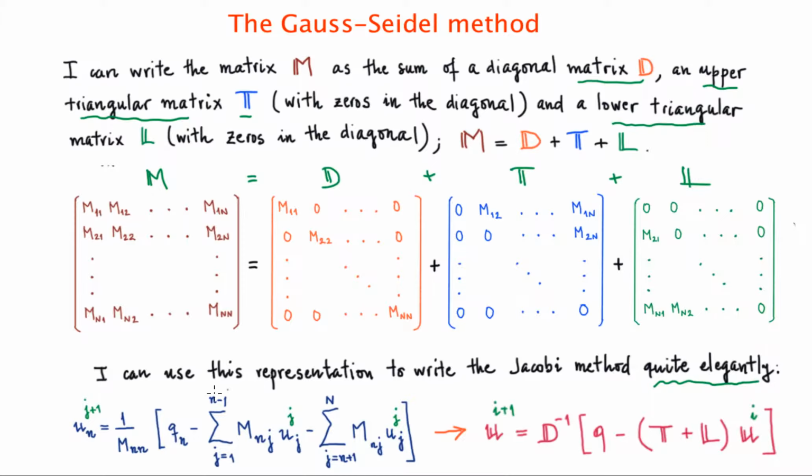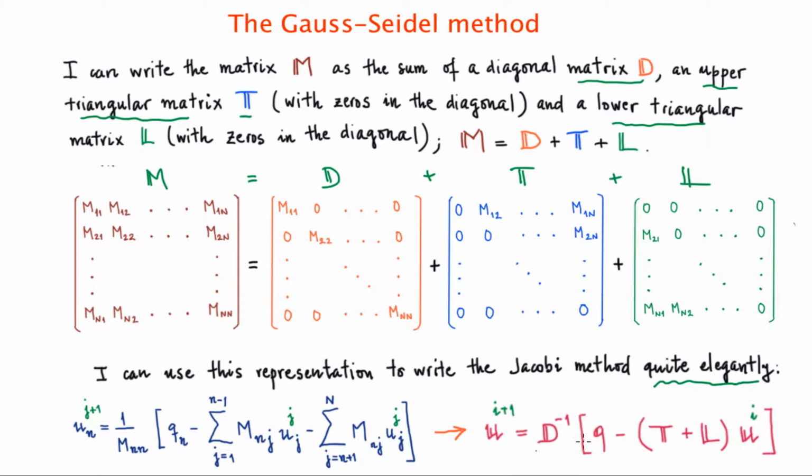We already said that we can write all the equations in the Jacobi method in a short way. So we can use this matrix representation to write this expression. We have this 1 over m, which comes from the inverse of this D matrix, but the inversion of this matrix, as you can see, is just the inverse of the elements on the diagonal. It's very straightforward.